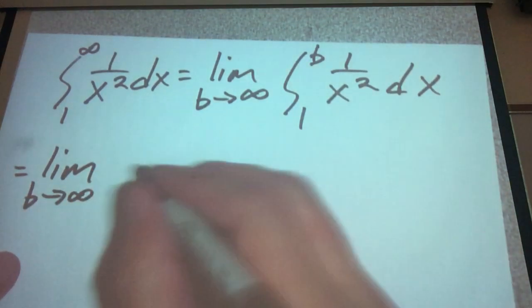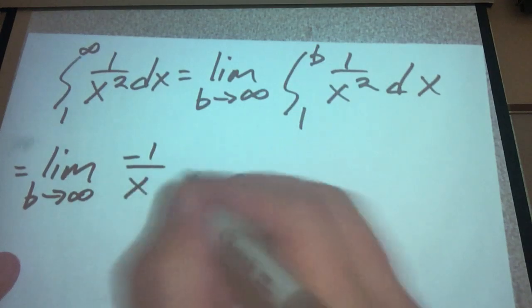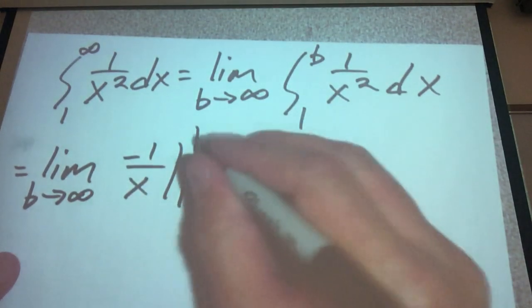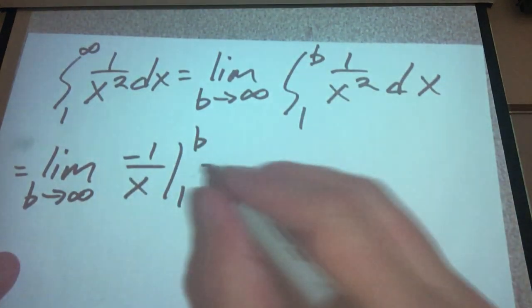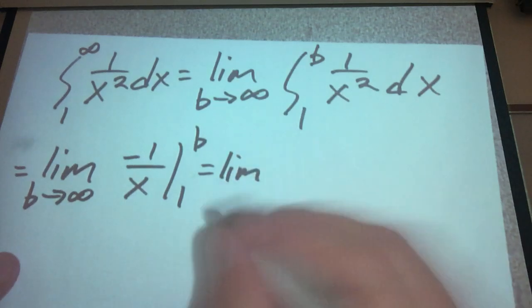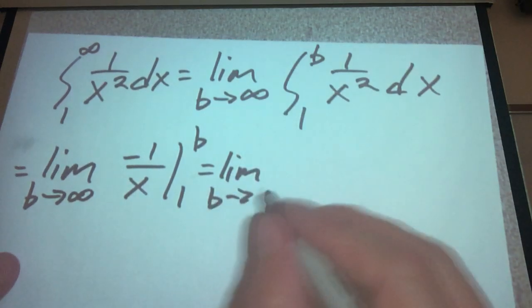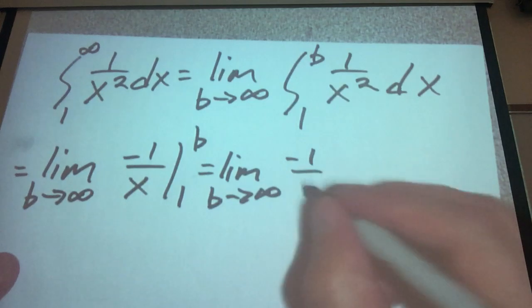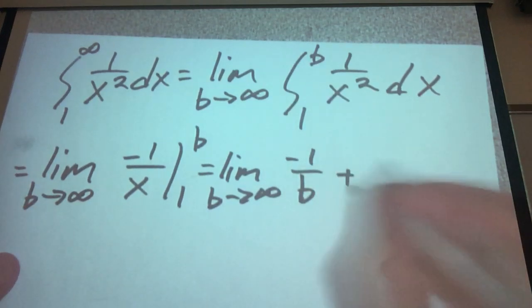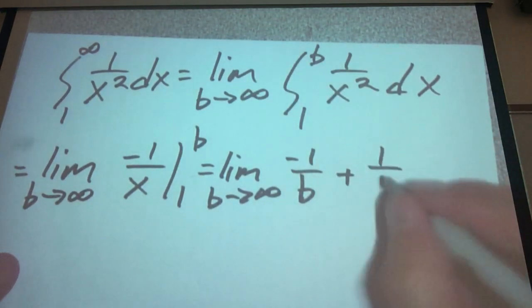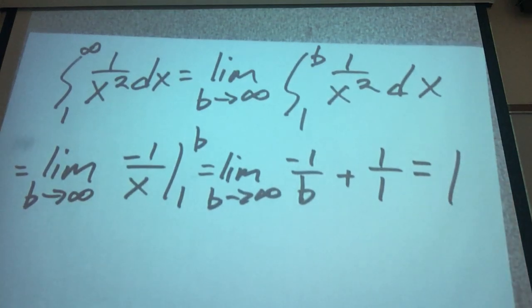All right, so this would become negative 1 divided by x evaluated at 1 and at b, which would equal the limit as b tends towards infinity of negative 1 divided by b, and then plus, well, 1 divided by 1, which equals 1. Okay, so we sampled a p which is greater than 1, which converges. We did a p which is less than 1, which is divergent.